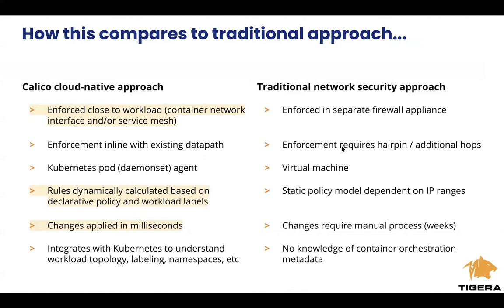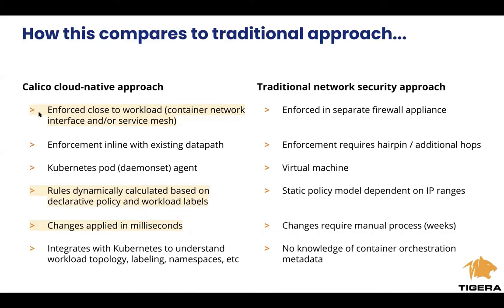But there are three key areas that I wanted to highlight in this cloud native approach. One is where you enforce the actual policies. Traditionally, it's been enforced at the network layer. That means that if traffic is supposed to be blocked, it actually traverses all the way to the network level, or maybe to the bottleneck, the firewall, before it actually gets denied.